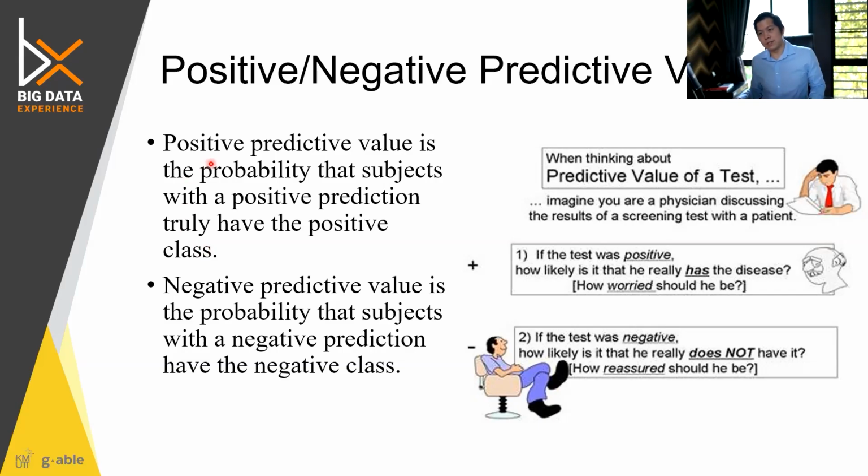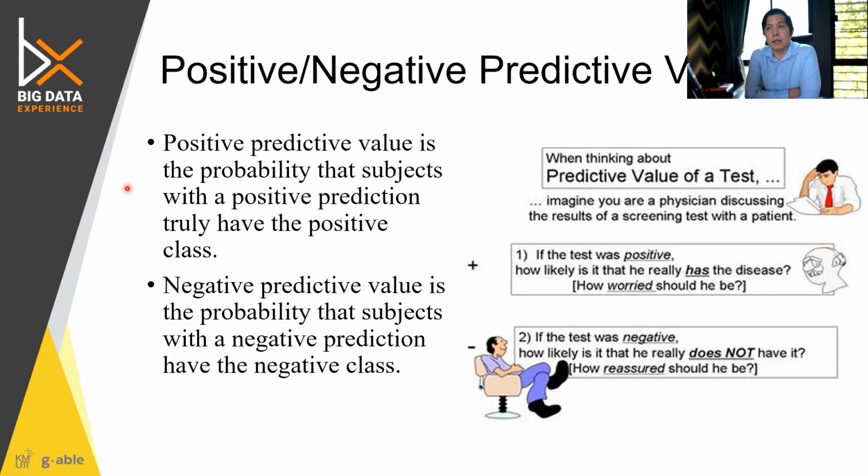So this is the probability of positive prediction truly having the positive class, and the negative prediction value is the probability of negative prediction having the negative class. This is the rate that you get the precision. If you predict positive, what is the proportion of it becoming positive?